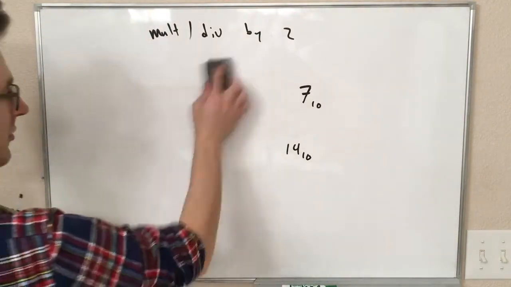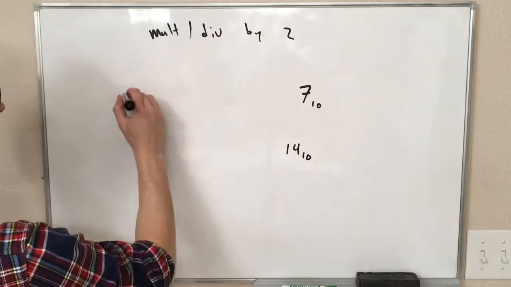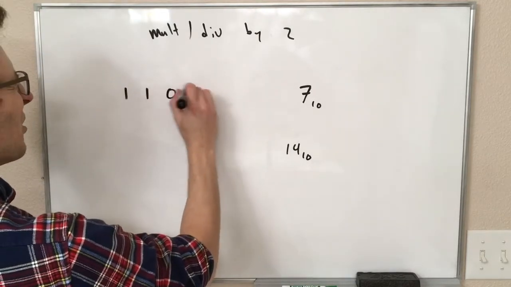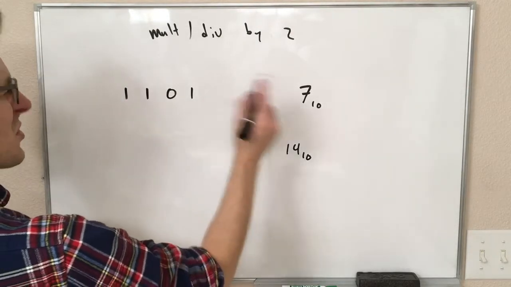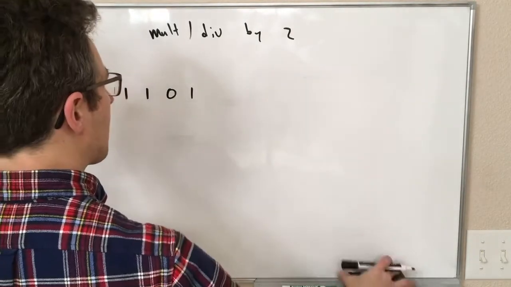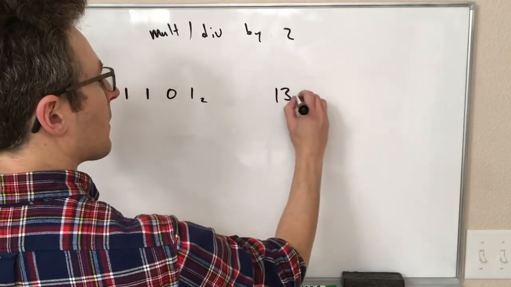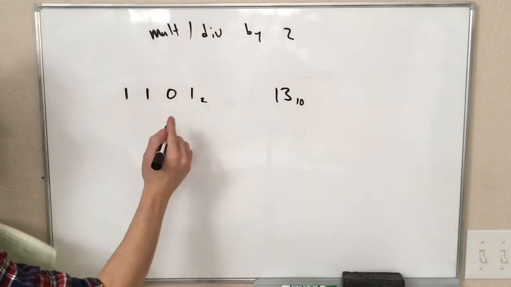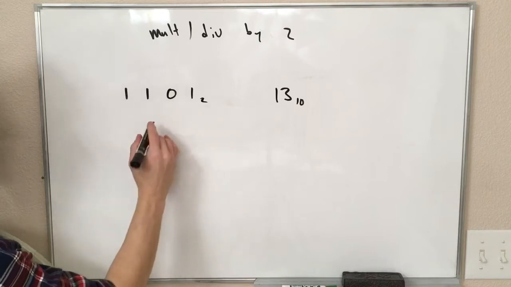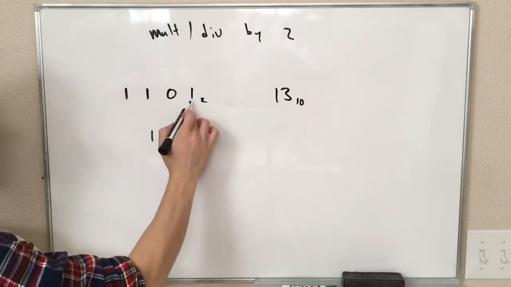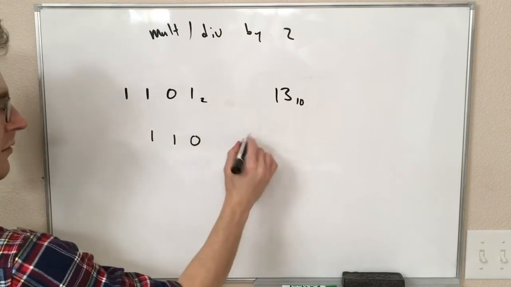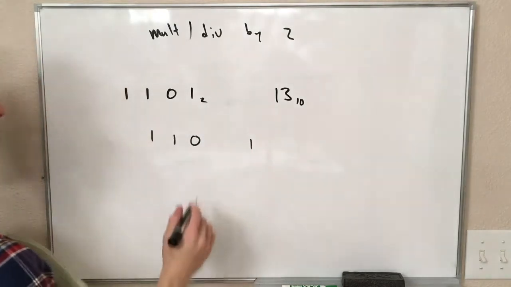So let's say we have 1, 1, 0, 1. So this is 8 plus 4 plus 1, which is 13. So dividing this by 2, shifting everything to the right, we have 1, 1, 0, and we lost this 1. So there's some extra 1 floating over here.